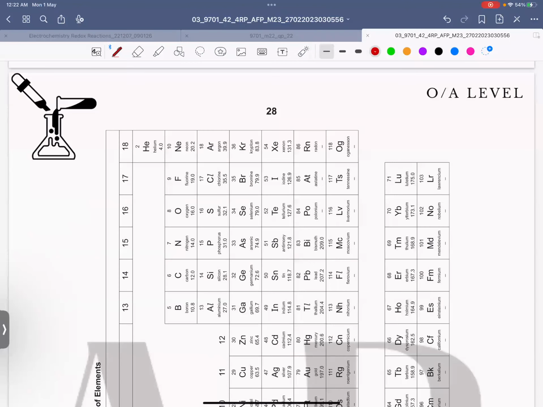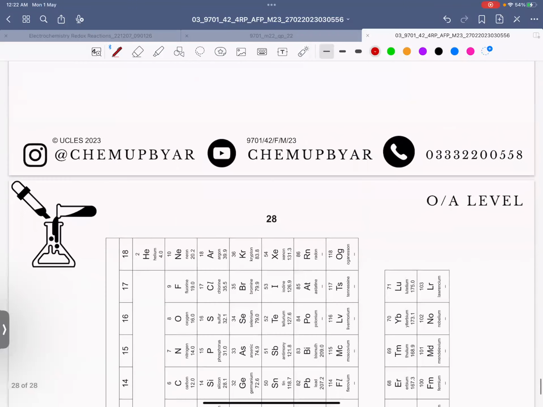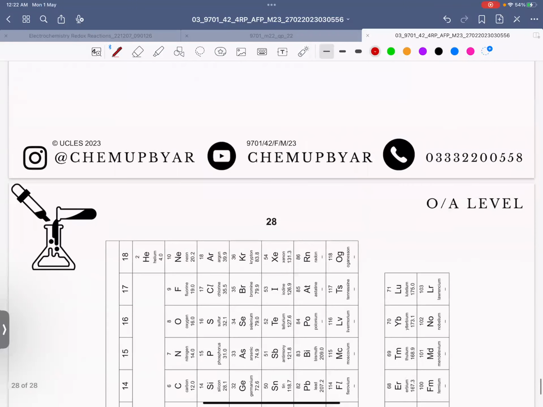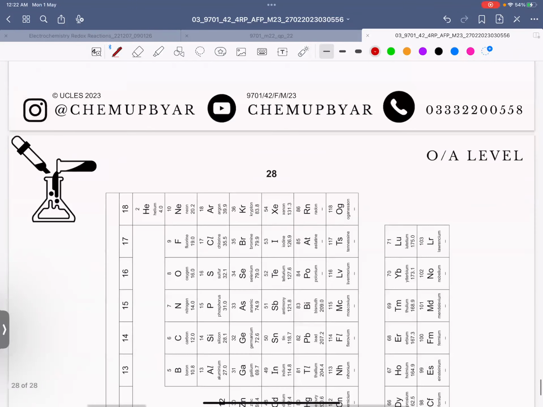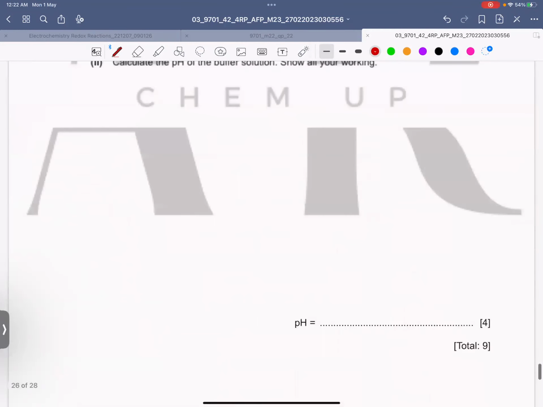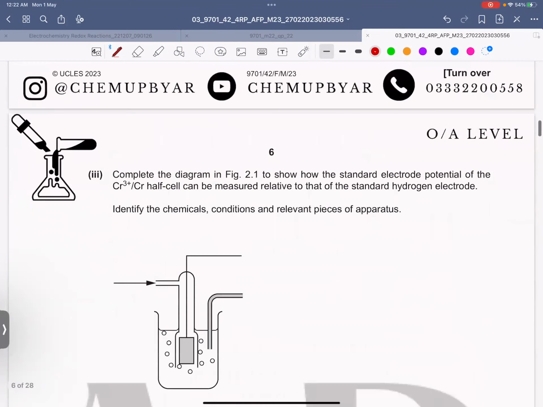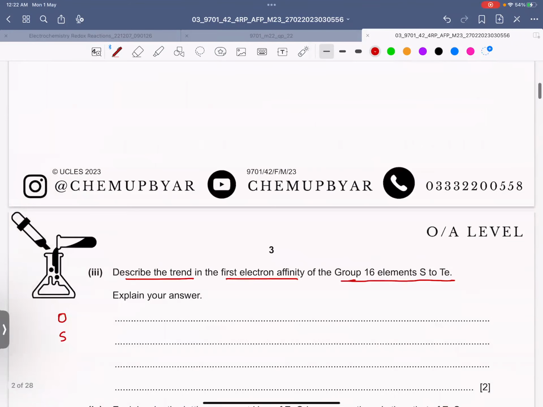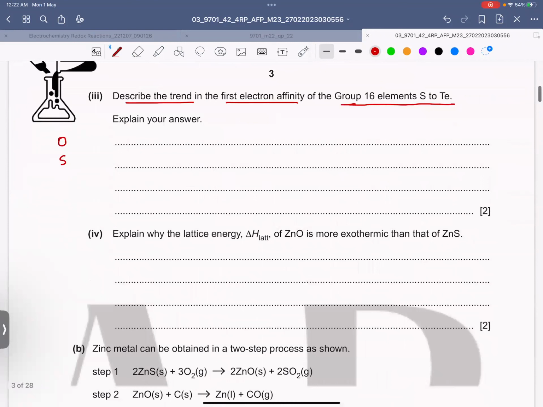We have selenium and tellurium. So after sulfur, we have selenium and then we have tellurium. So they have asked us about the electron affinities from sulfur to tellurium.